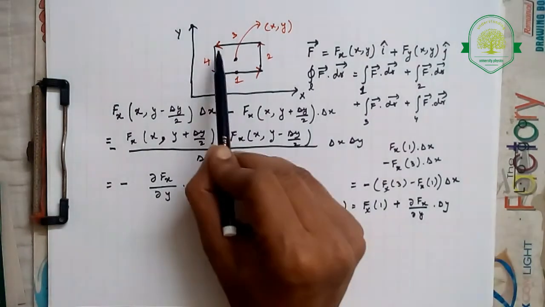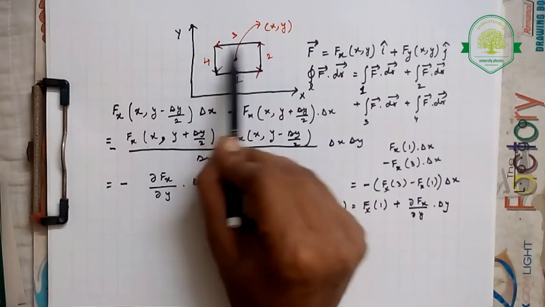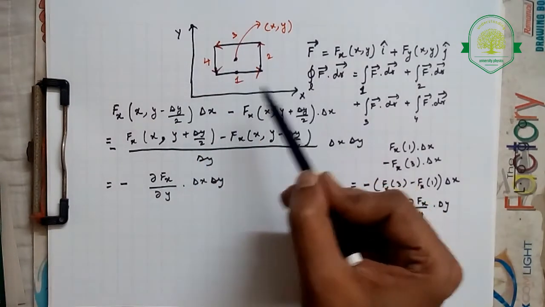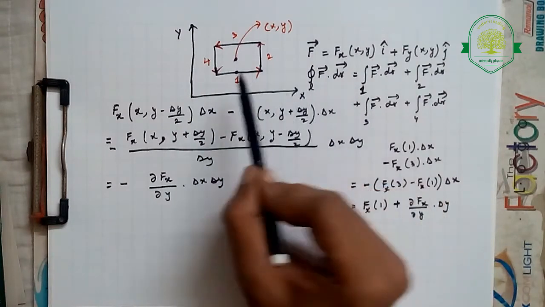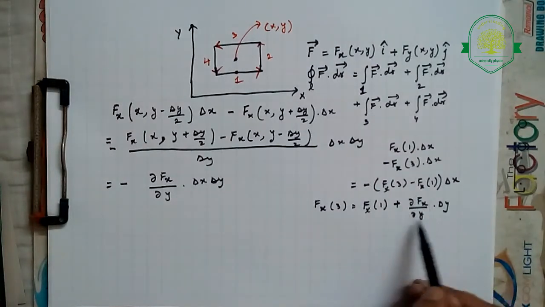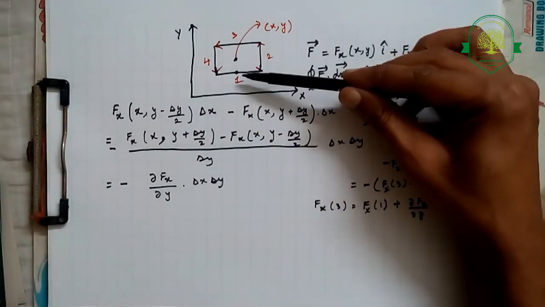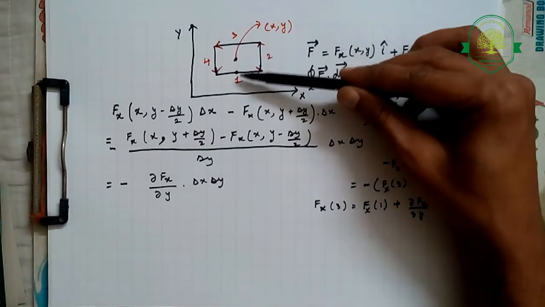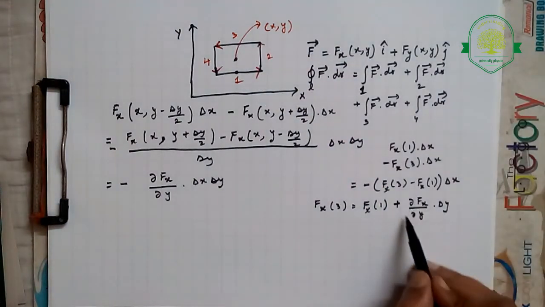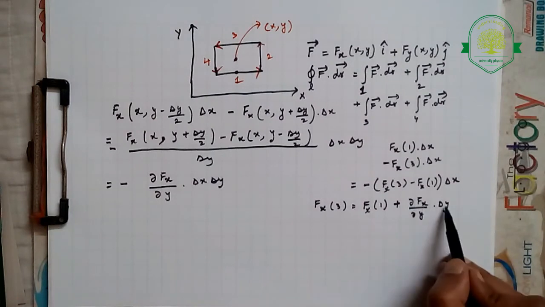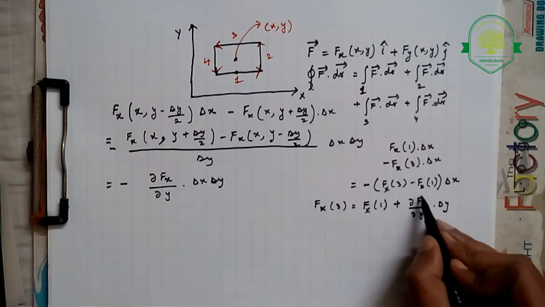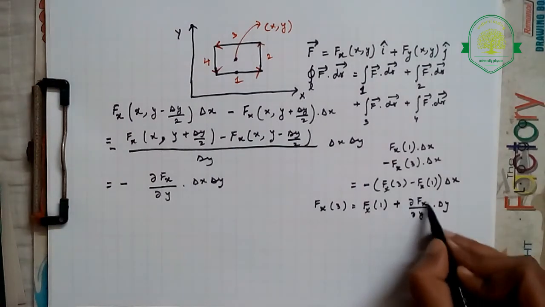So the value of fx here is just the value of fx here to the first approximation, but to the second approximation it is the rate at which fx changes with respect to y, because in going from fx at 1 to fx at 3 only the y has changed, times delta y. So the rate at which fx changes along y times delta y plus fx at 1 gives us fx at 3. But where do we have to evaluate this derivative?